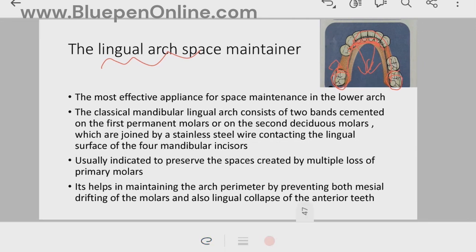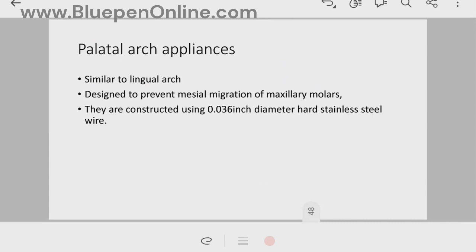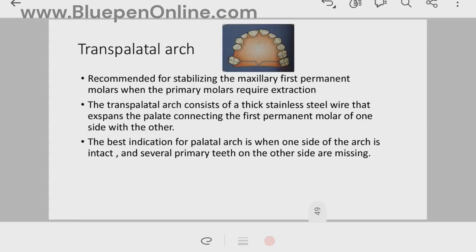Now palatal arch. Similar to your lingual arch, we also have a palatal arch appliance, like the transpalatal. Here what you do is try to stabilize these first permanent molars. You will band them and connect them to the palate. This is mostly seen when one side is intact.